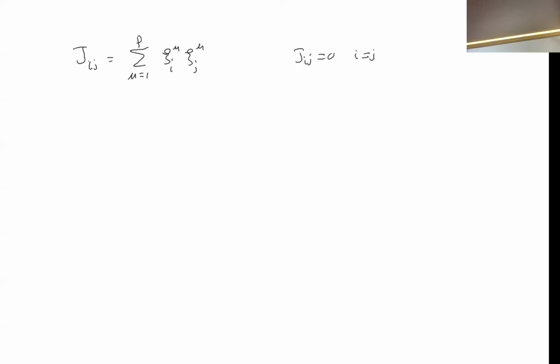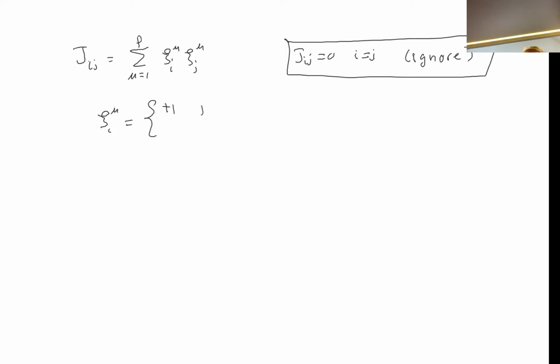That's a technical condition that's useful for some things, but we'll ignore that. And what's xi? These are completely random binary vectors, equal to +1 with probability 1/2 and -1 with probability 1/2.